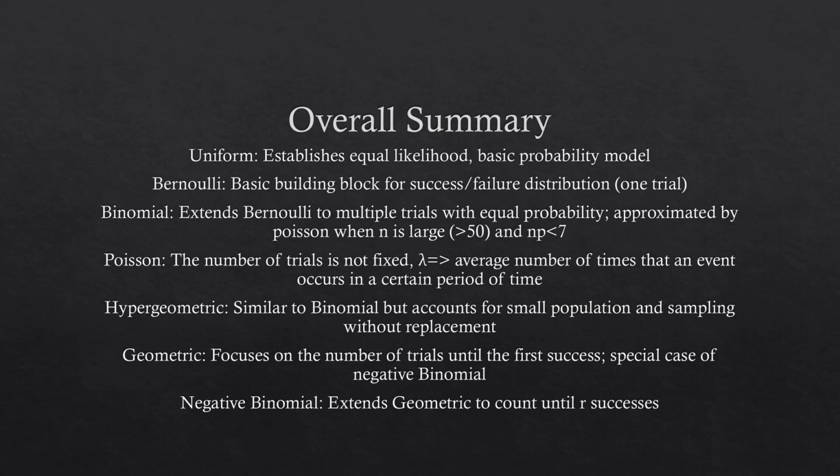Hypergeometric is similar to binomial, but instead it will account for small population, and it will be without replacement, which, as you saw, is the only one that is without replacement. And then geometric focuses on the number of trials until the first success, and then the negative binomial extends the geometric to count until r successes in x trials.